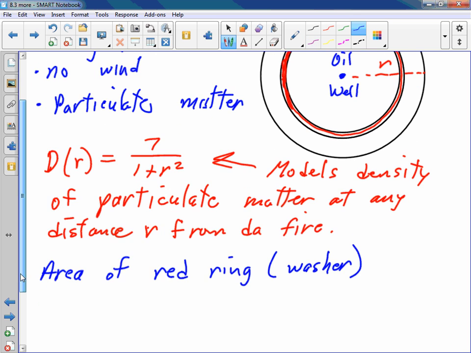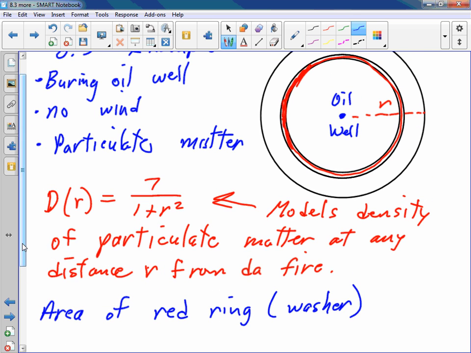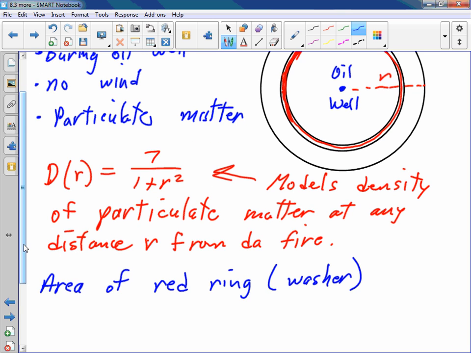Okay, what would that area be? Let's express that some way. Okay, we can say the thickness of the ring is delta r. We can definitely say that. What about the area of that ring?